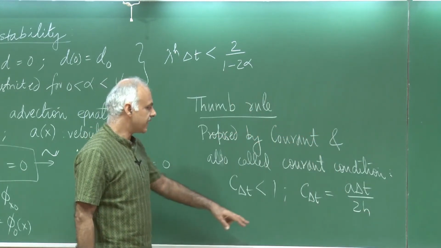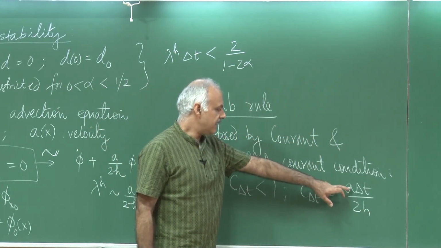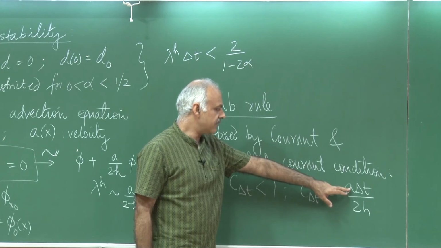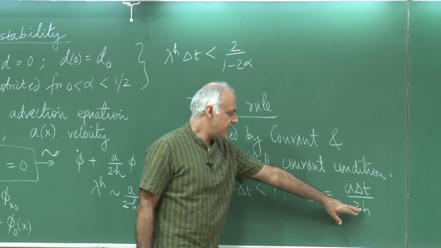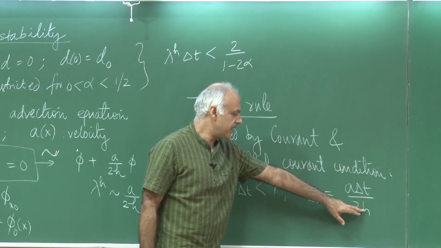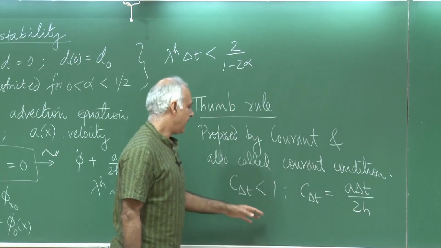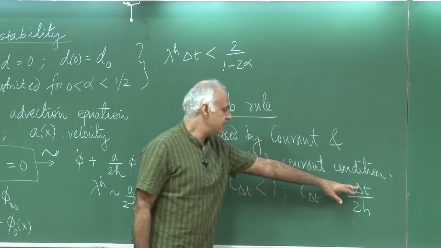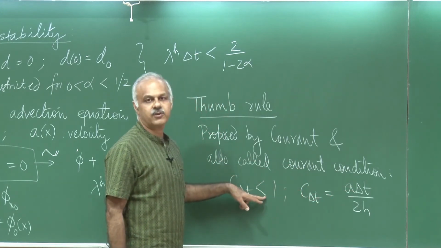So, what we are proposing is that let us calculate the advection speed, its ratio with delta t by h, and take a time step such that this number never exceeds 1.